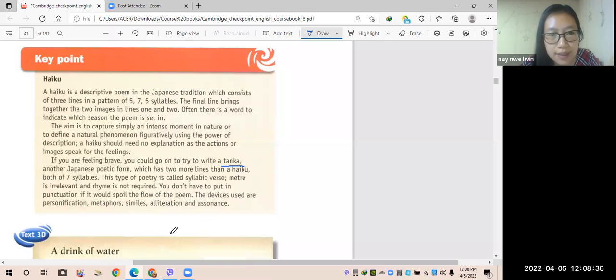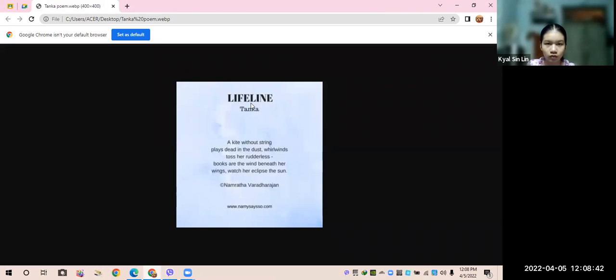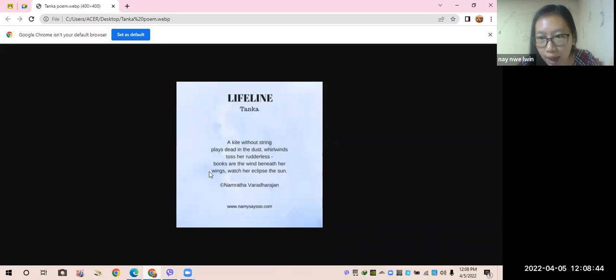So I will show you an example of a tanka. So it has 2 more lines and both of the lines have 7 syllables. So if you are really good at making poems, you can create a tanka too. If you have so much to present in your poem, you can create a tanka, okay?